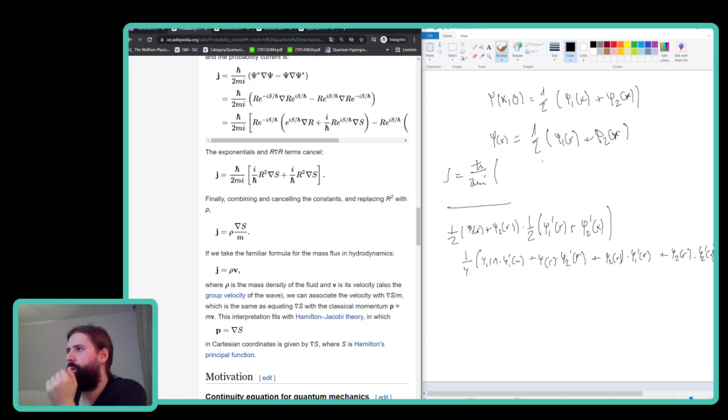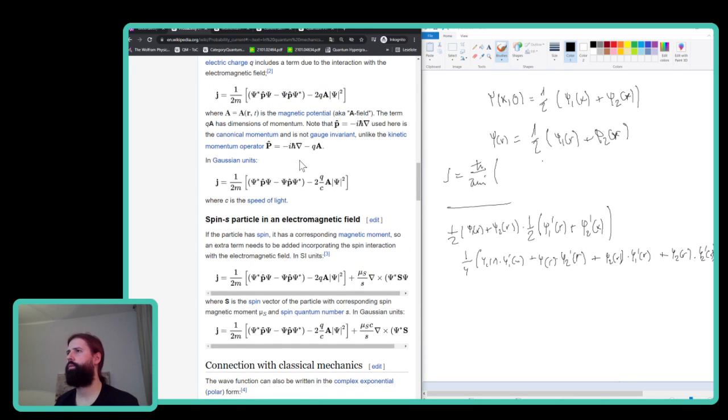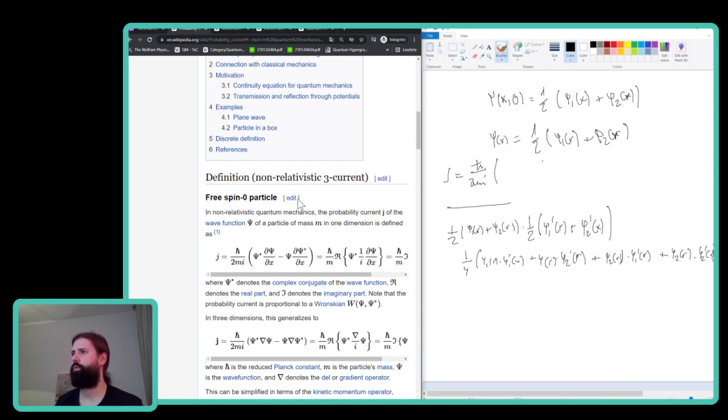The mass density, whatever, I'm just going to assume that's what this term is equivalent to, this term in here, and then the probability current.